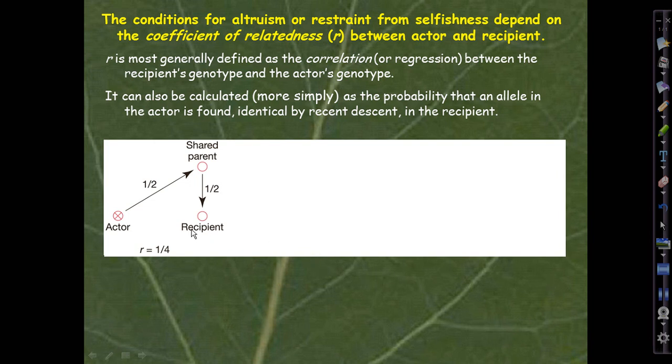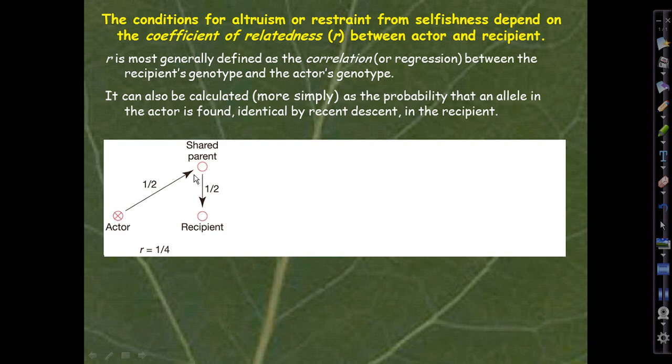So here's how it goes. You need a relatedness diagram to make these quantitative arguments. So here's the actor, and this, by the way, is from the chapter in Heron and Freeman. The actor, with an X to indicate the focal individual, and the potential recipient of an act are half sibs. They have one shared parent.